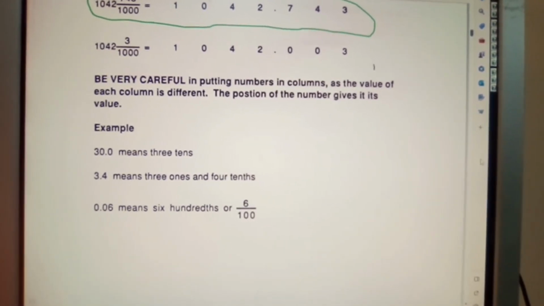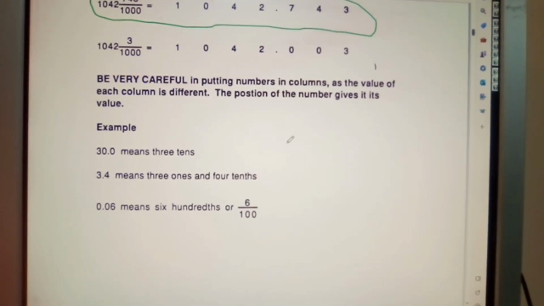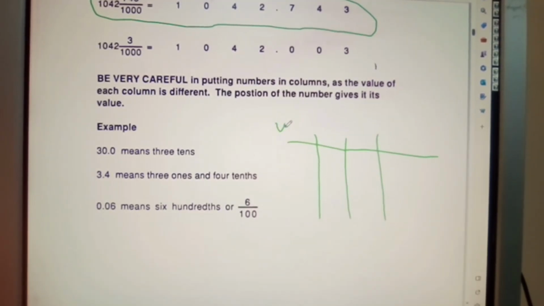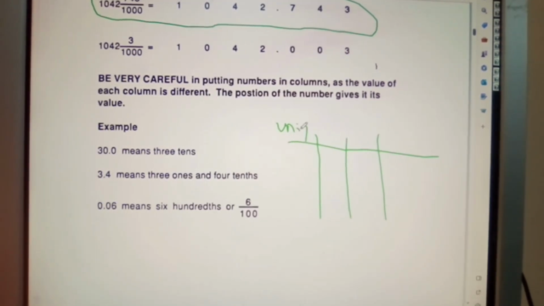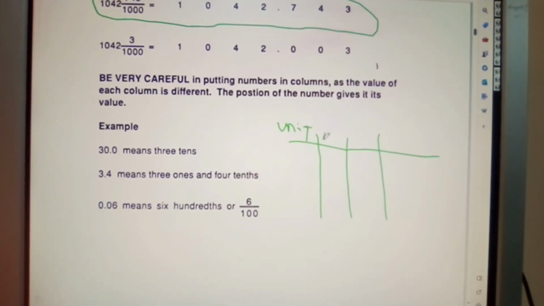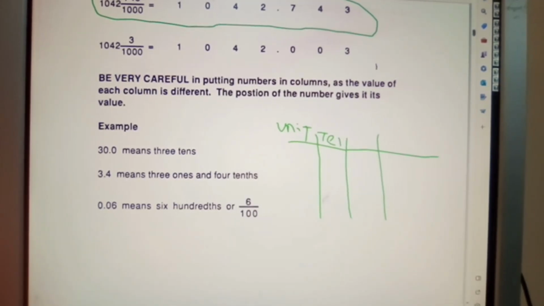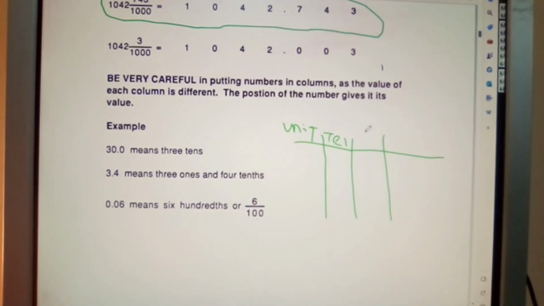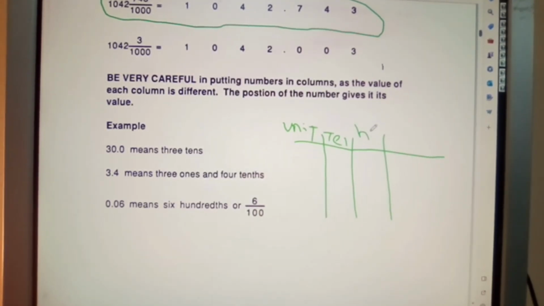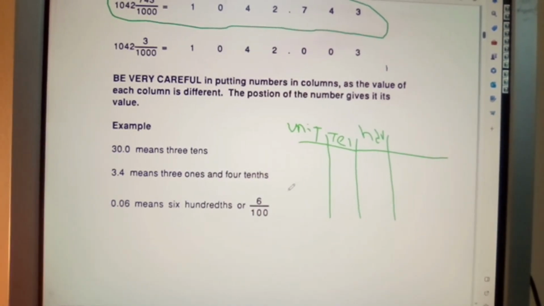If I created a column like this for instance, I could then say units, tens, hundreds, and so forth.